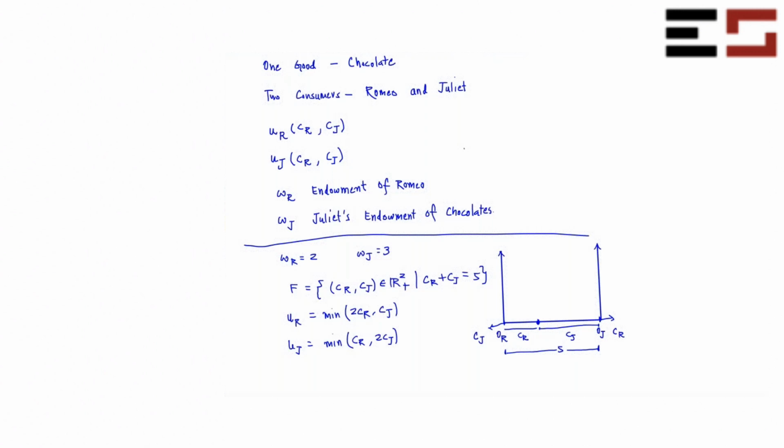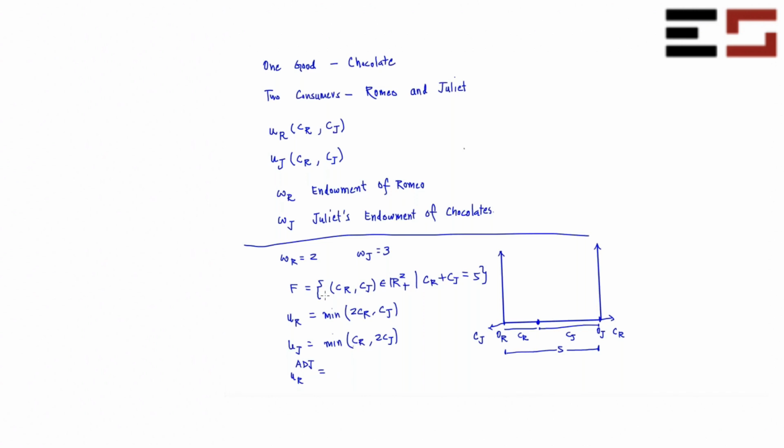So you can rewrite this utility function assuming the feasibility constraint holds, and you get what you can call UR adjusted for feasibility.